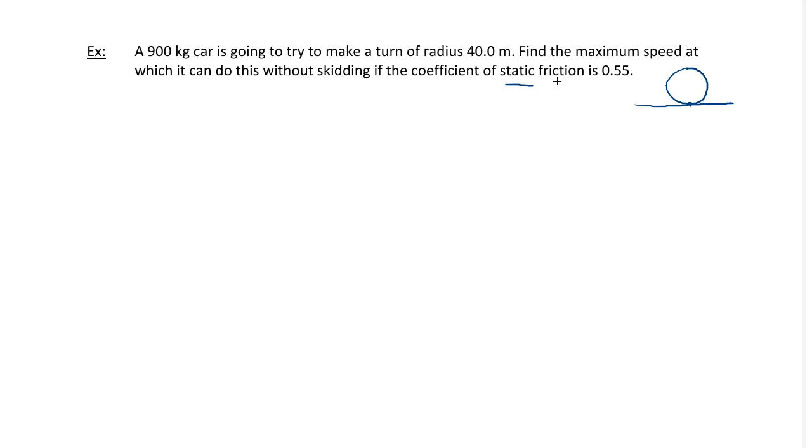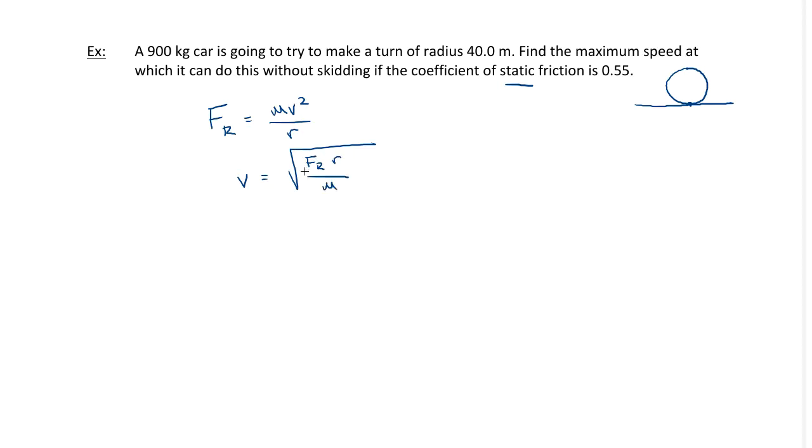So friction here is going to provide the centripetal force. So the relationship is that the centripetal force is equal to mass times the linear speed squared over the radius of the turn. And if we want to find the maximal speed that we could have, let's solve for the speed, and that's going to be equal to the square root of whatever the centripetal force is multiplied by the radius of the turn divided by the mass of the car.